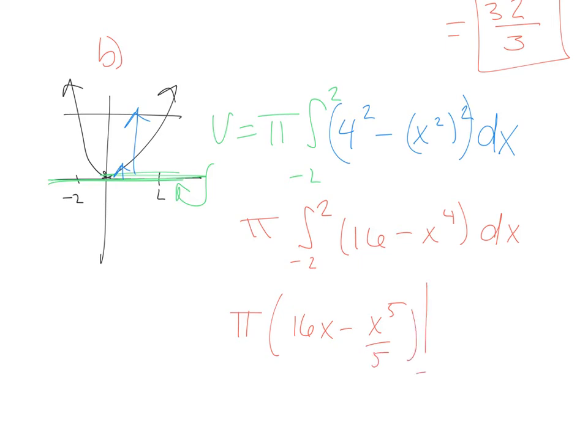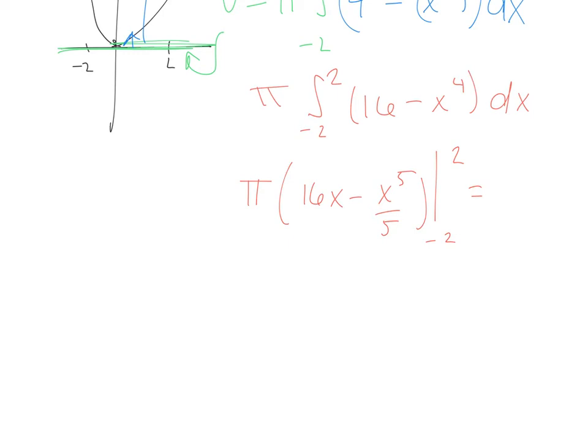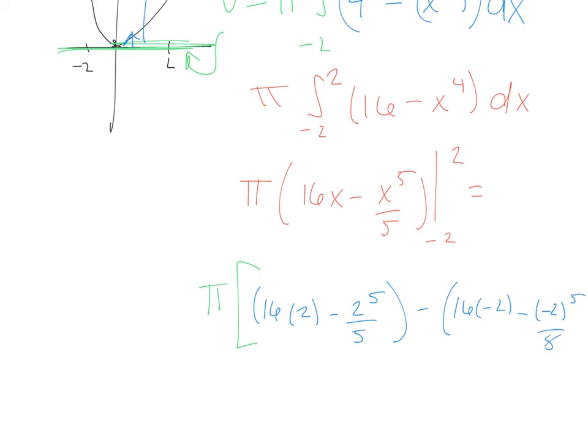We're going to evaluate this from -2 to 2. I'm going to show my upper minus lower. So it's pi times whatever happens here. So upper is 16 times 2 minus 2 to the 5th over 5, minus 16 times -2 minus -2 to the 5th over 5.